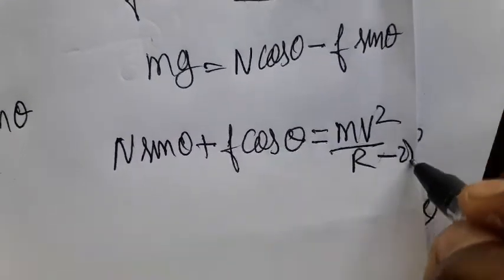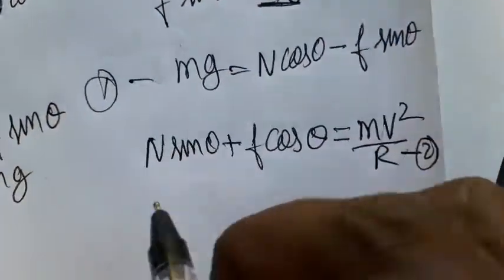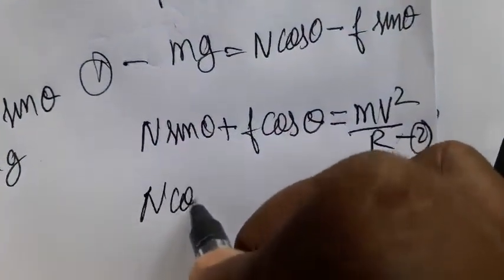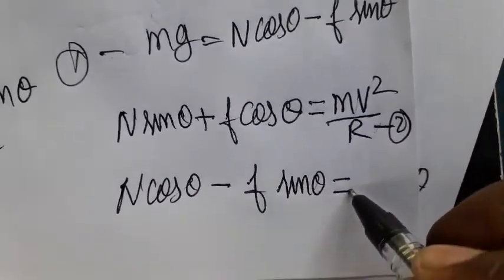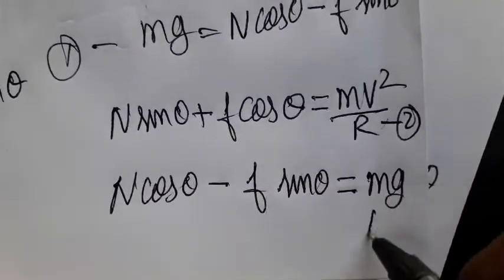It is equation 2, and already we have equation 1. Equation 1 is N cos theta minus f sin theta is equal to mg.